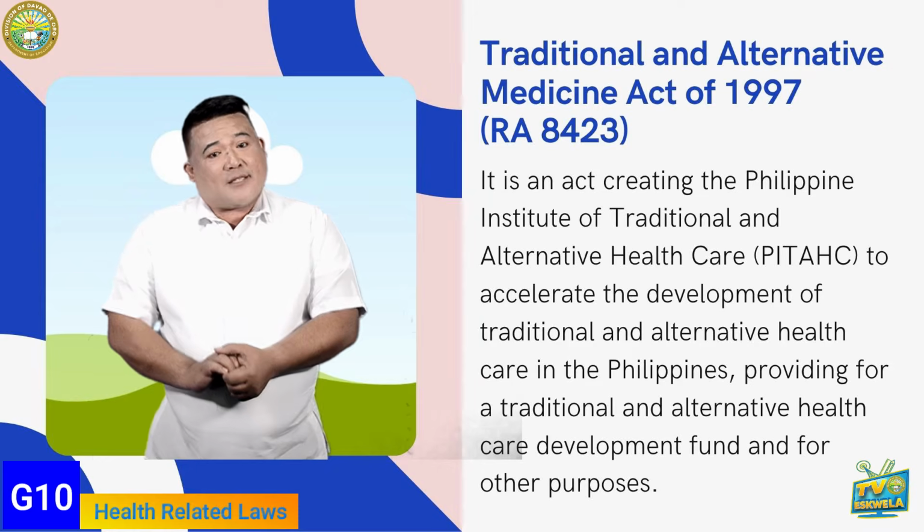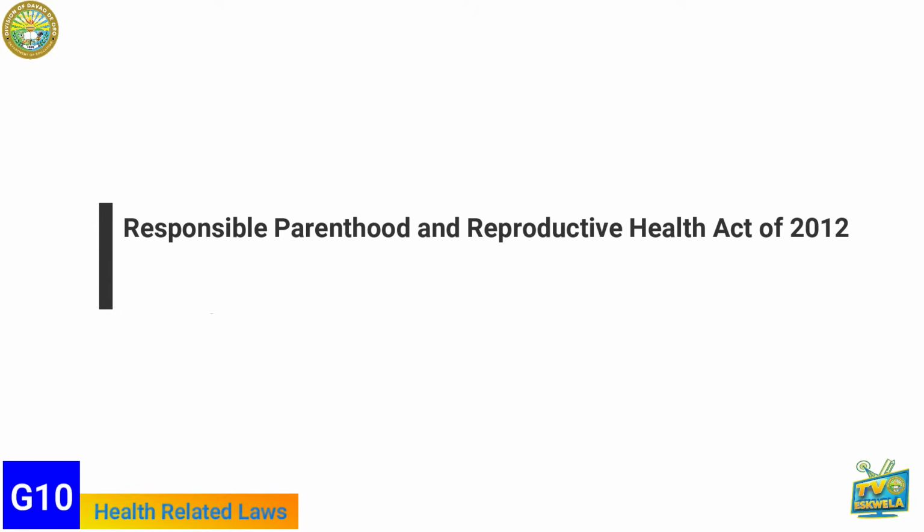Third is the Responsible Parenthood and Reproductive Health Act of 2012, otherwise known as RA 10354.